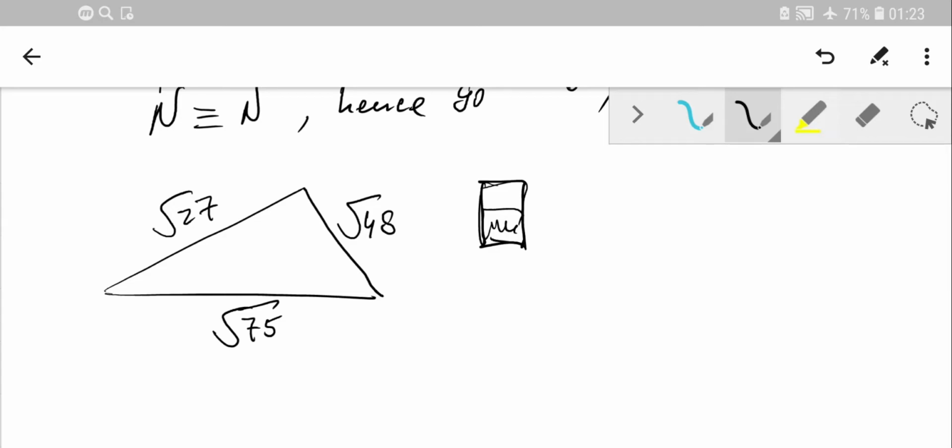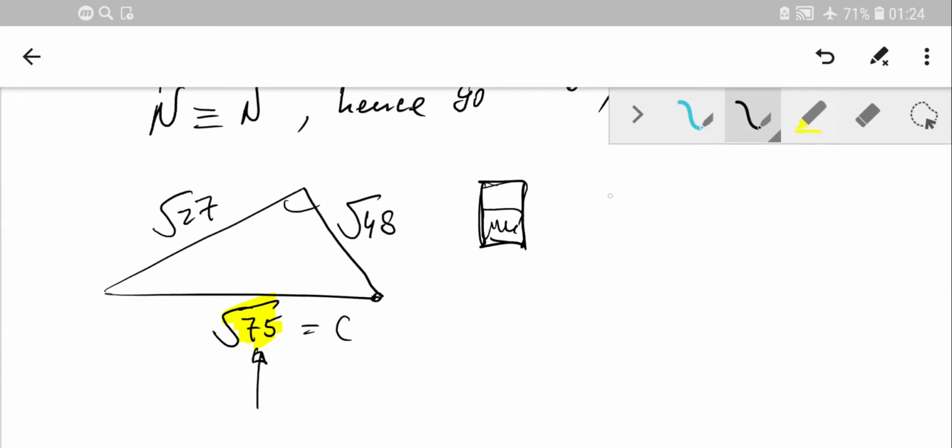But obviously the larger the expression under the root, the larger the value of the resultant square root. So I bet that 75 is going to be the longest side here, so it's going to be C.